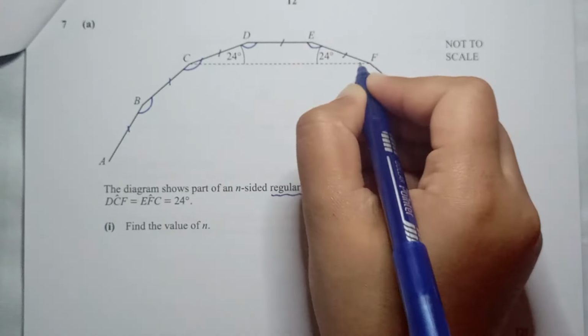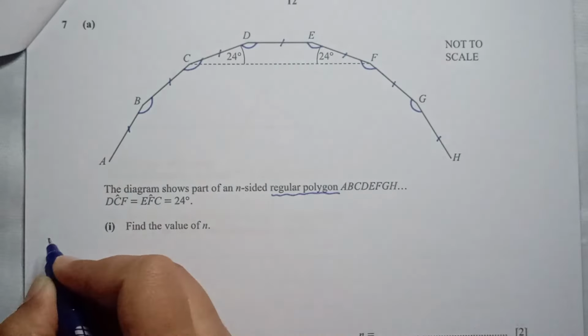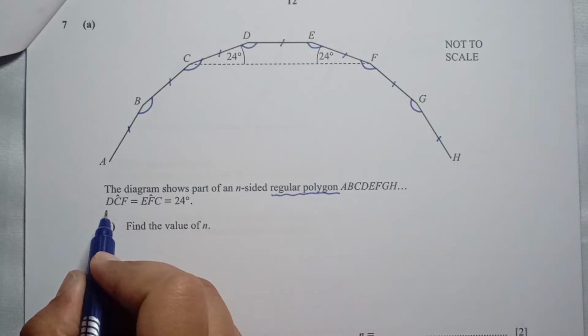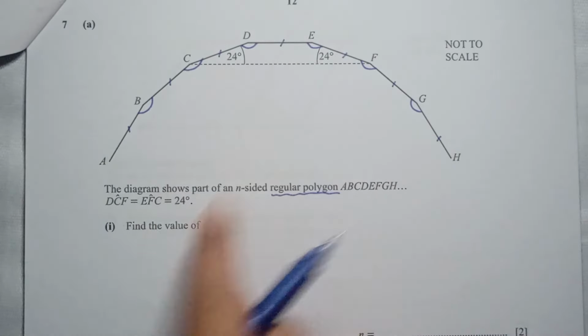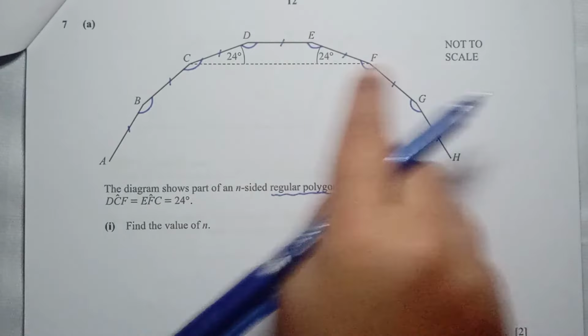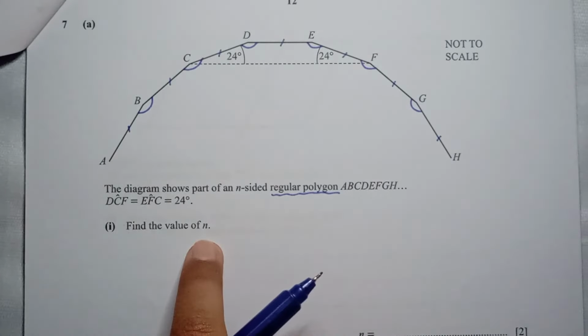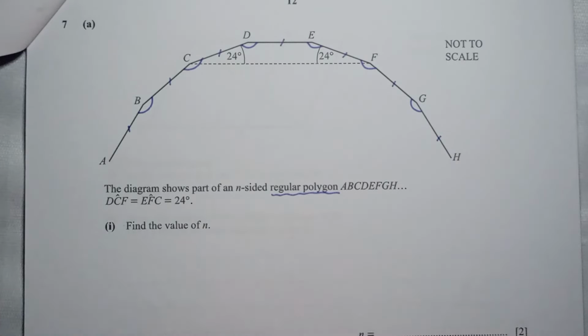Now we have been given the information that DCF is 24 degrees and EFC is 24 degrees, and find the value of n. We need to find n, that is the number of sides of this regular polygon.